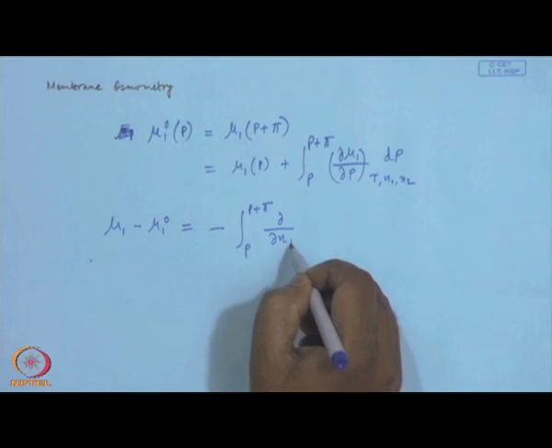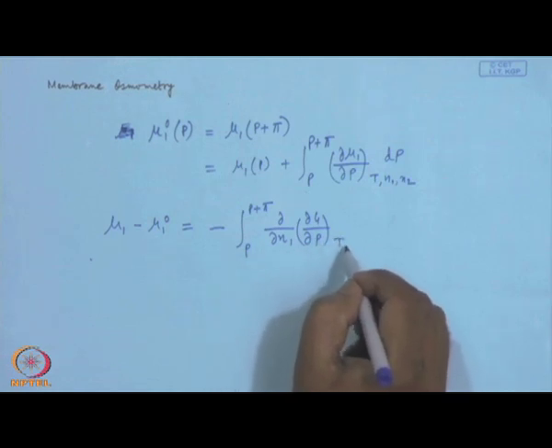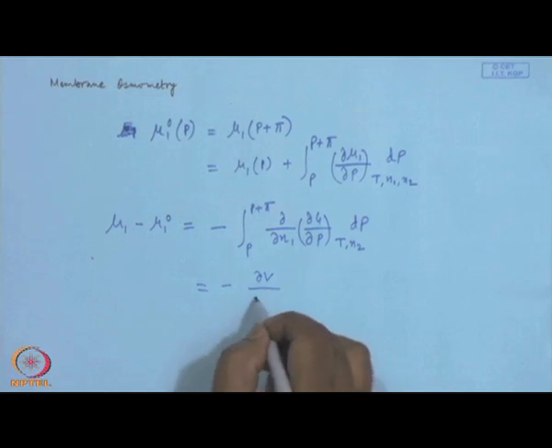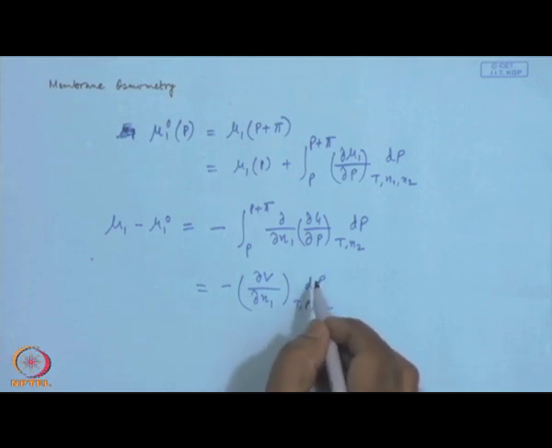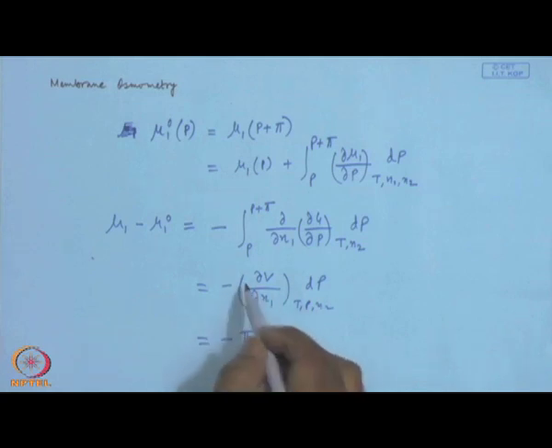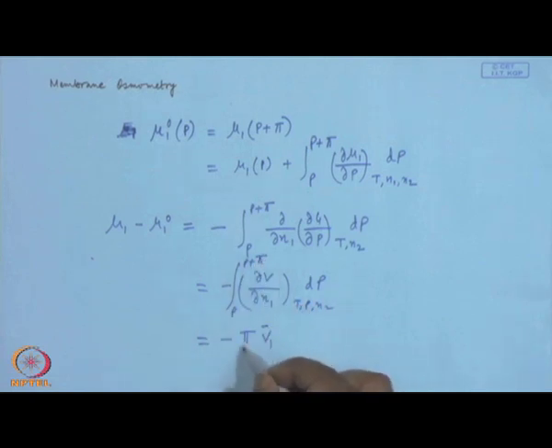From the definition of mu 1, we can write, using the partial differential, this is nothing but the osmotic pressure which we can detect through our measurement, and this is the partial molar volume of the solvent.